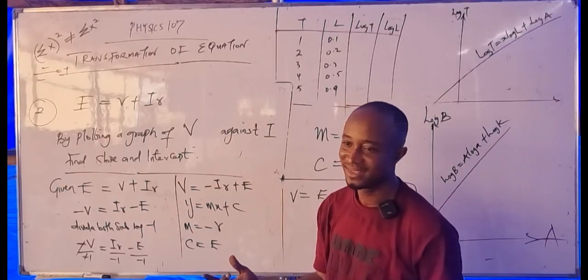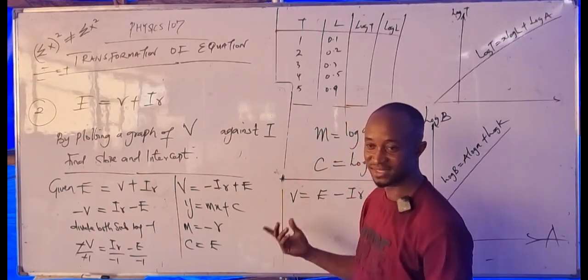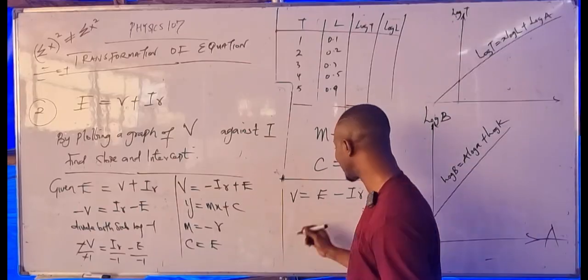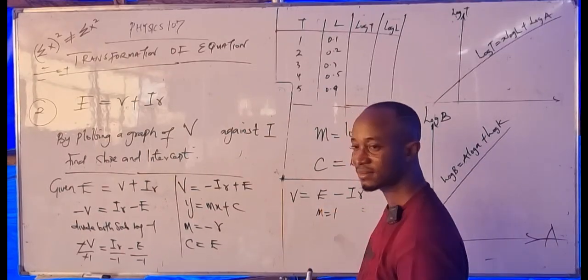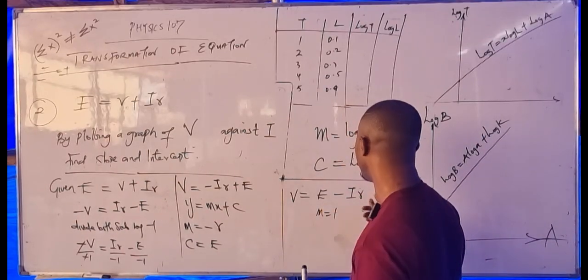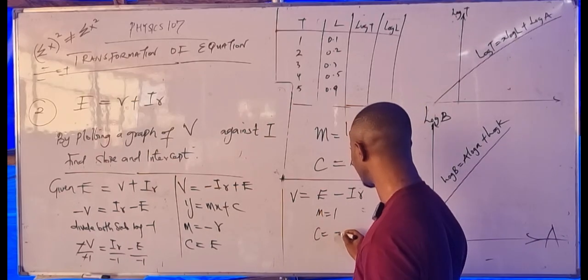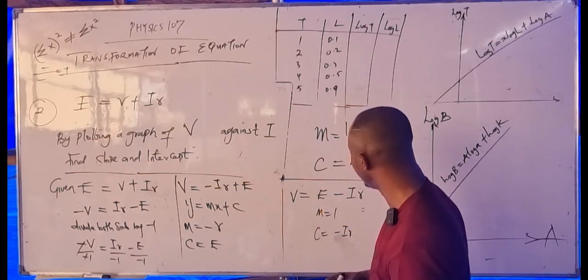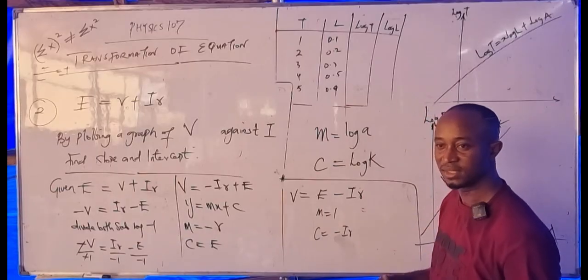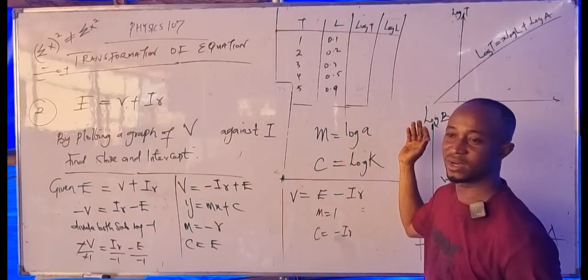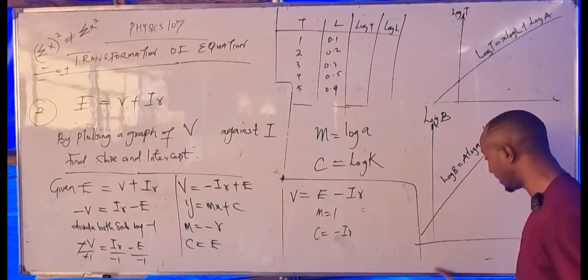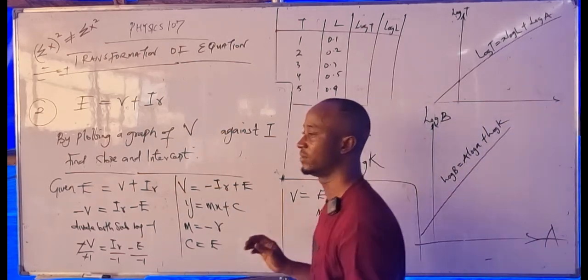It is 1. The number attached to E is 1. So my slope is simply 1. What will be my intercept? Our c is minus IR. So this graph, will it be negative Y or positive Y? That means down. So just take notes.